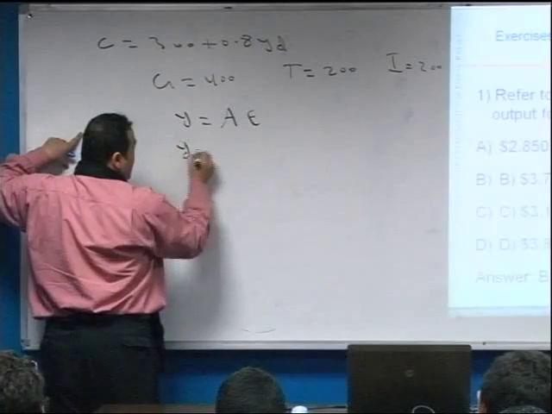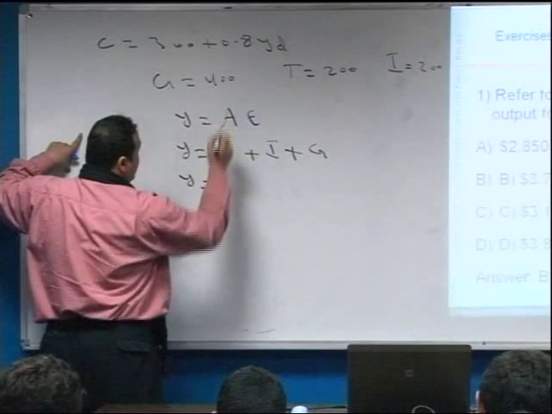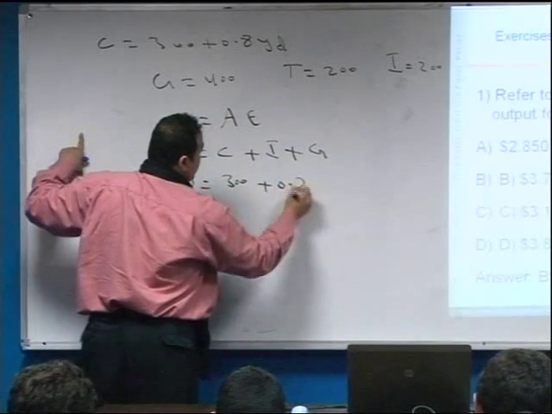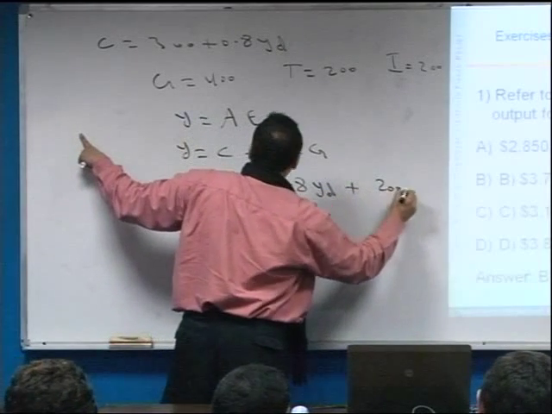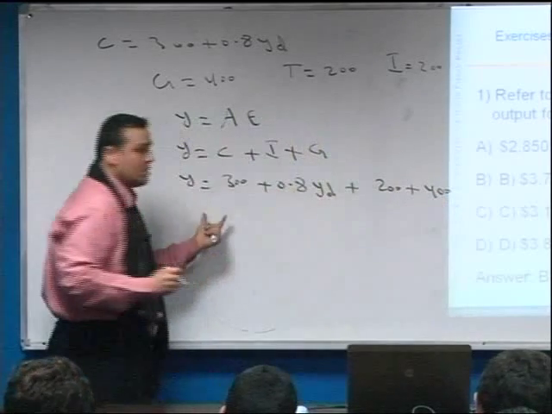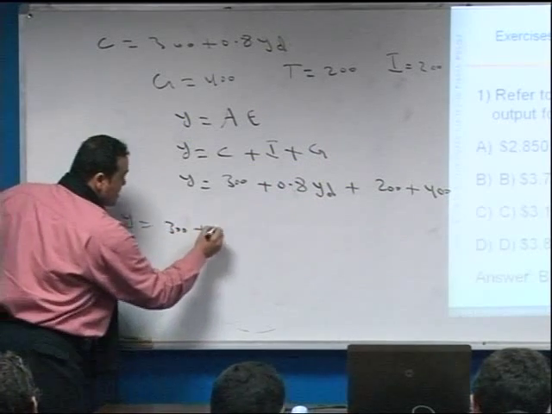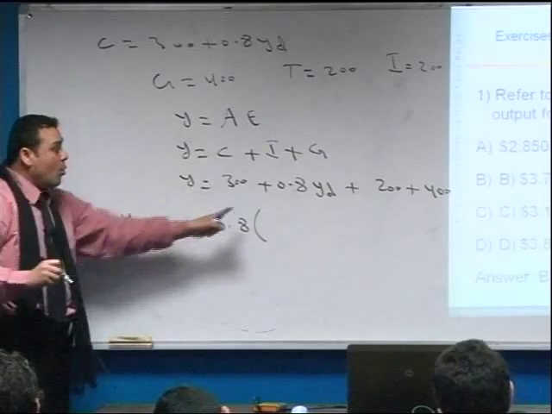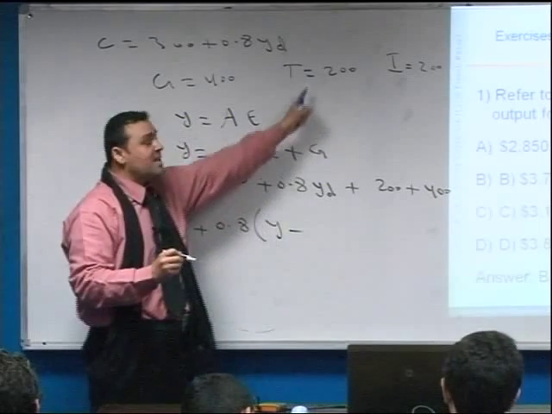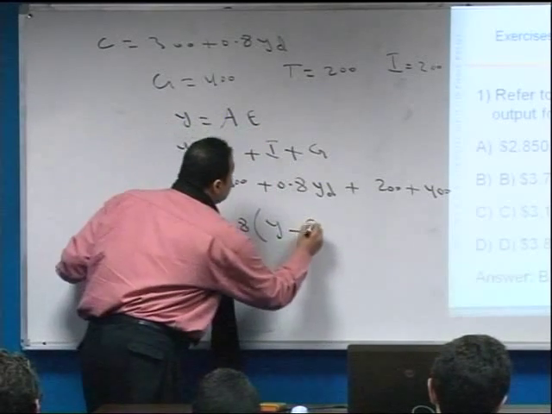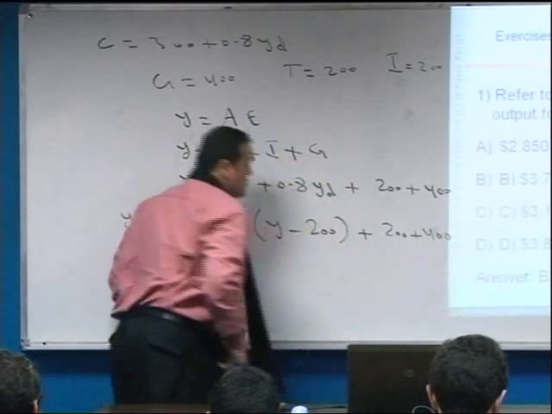So Y equals C plus I plus G. So Y equals 300 plus 0.8 YD plus I, 200, plus G, 400, where YD is Y minus T. The net tax is given, 200.